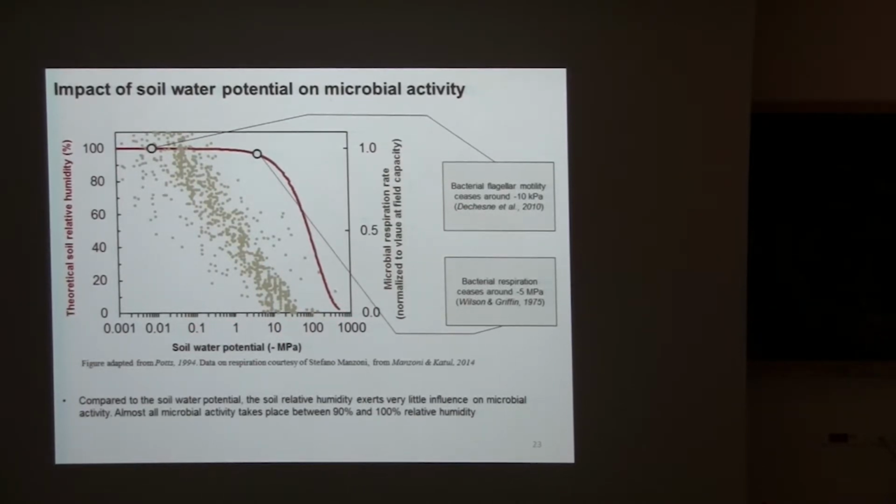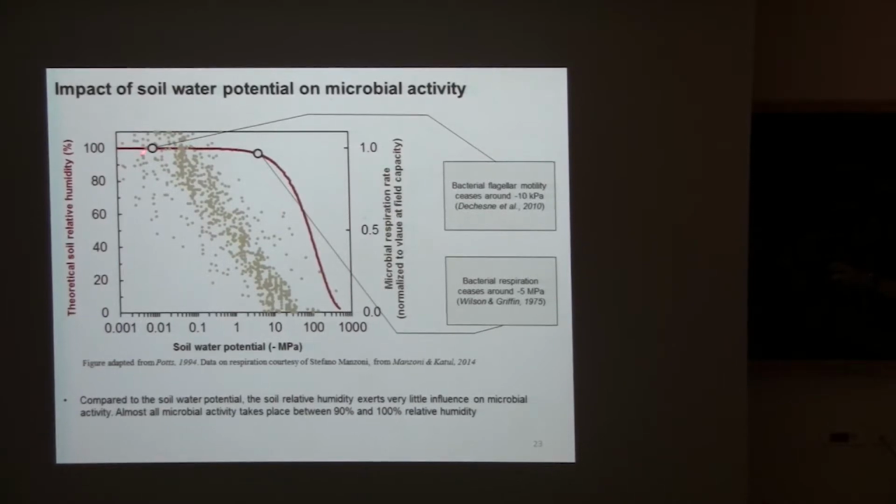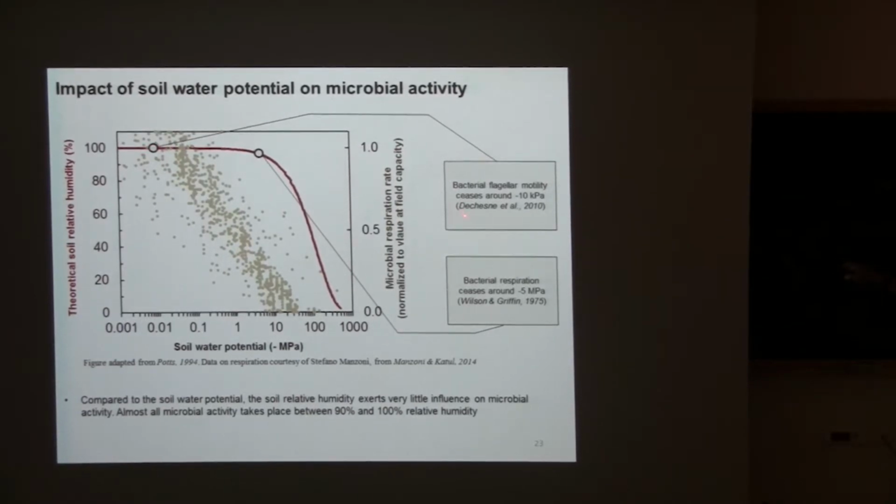Here, just to give you some ideas, I've put additional keystone values. For instance, around that point, you don't have any flagellum motility possible anymore. Around that point, you don't have any bacterial respiration, more or less. That means that a lot of the respiration that goes further down is probably due to fungi.